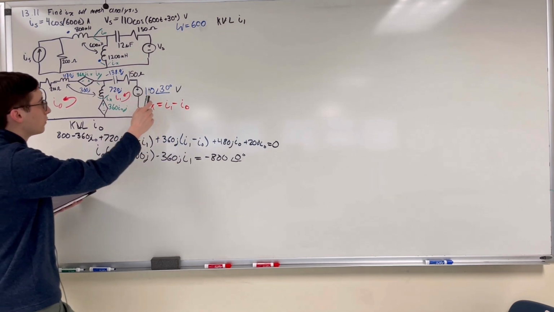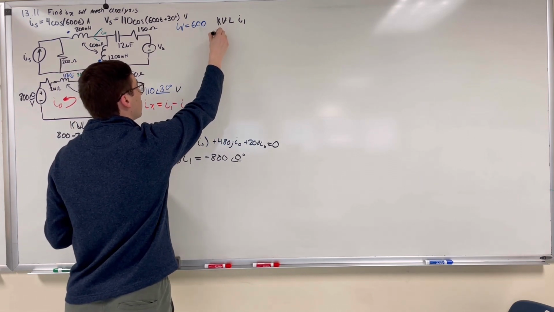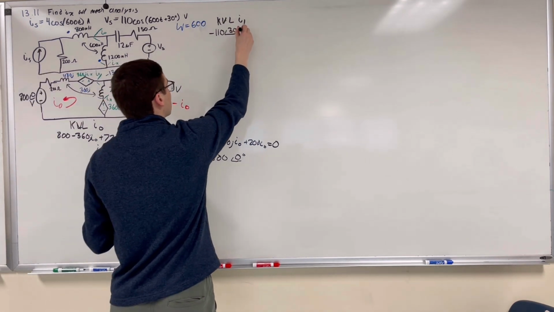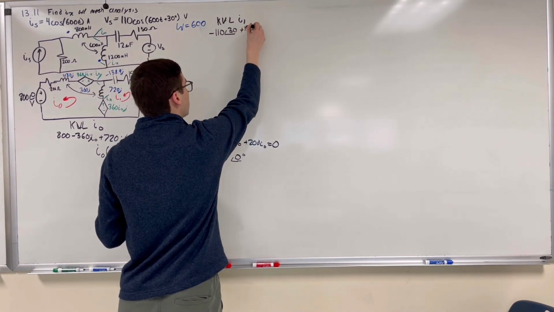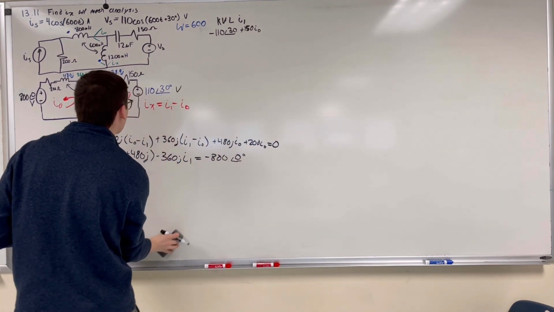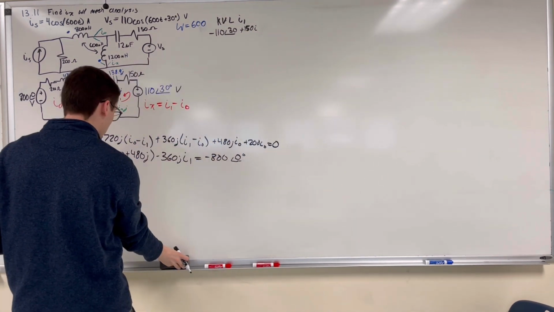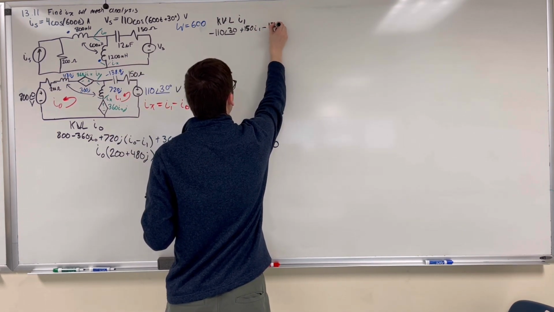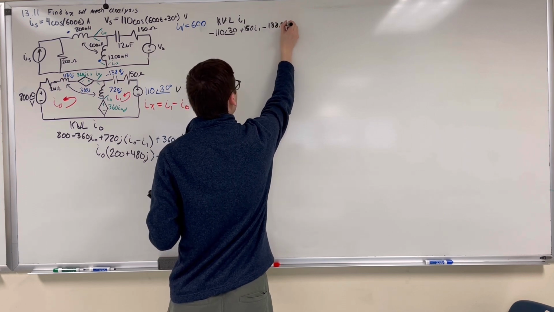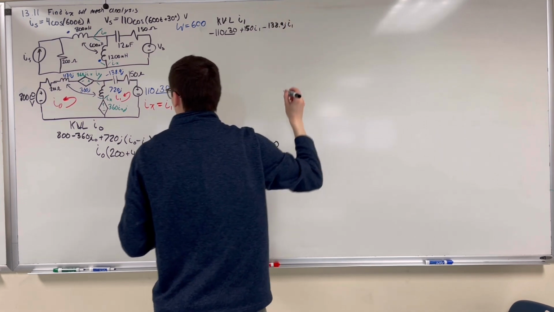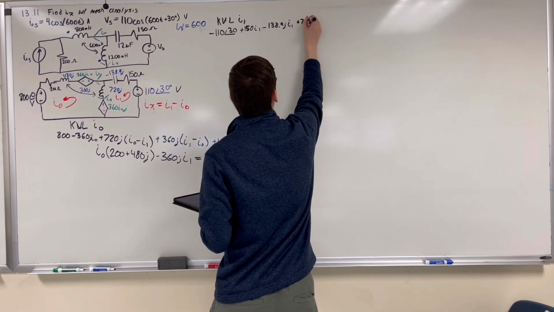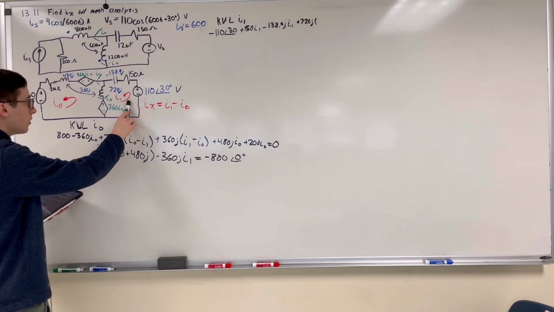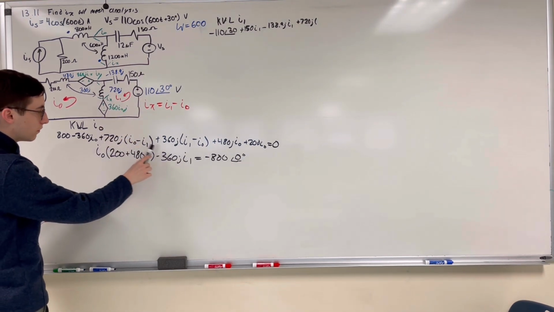We're going to come through the negative terminal, so it's going to be negative 100, phase angle 30, and then it's going to be plus 150 I1, minus 138.9 J I1, plus 720 J. And since we are doing the I1 loop, we want the I1 to be positive over here.